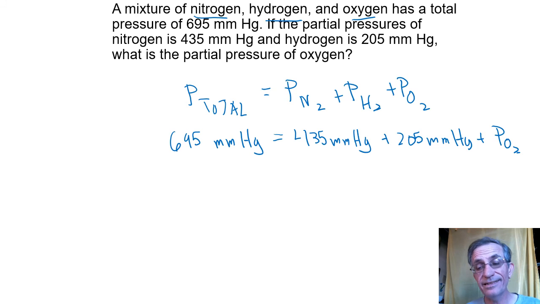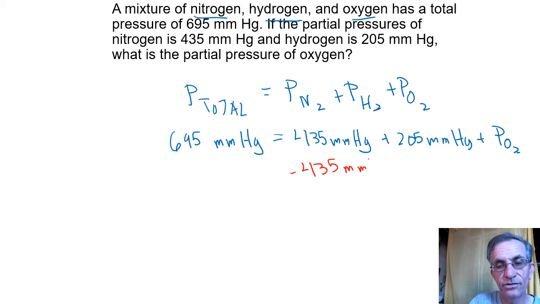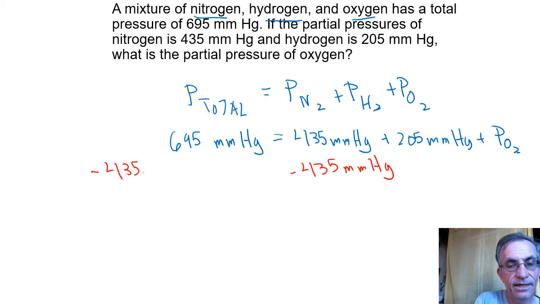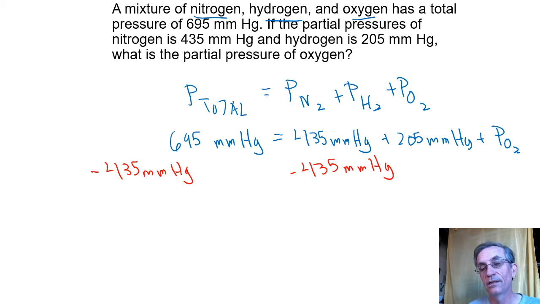Now, since there's a plus sign, the way you get them to move, you don't divide by them. I'm not going to divide by 435. The way I'm going to get 435 to go over to the other side, you do the opposite. Since there's a plus sign, you're going to subtract 435. You do it on the right, you got to do it on the left. And we also need to move over the pressure of hydrogen. There's a plus sign there, so we're going to also need to subtract 205.